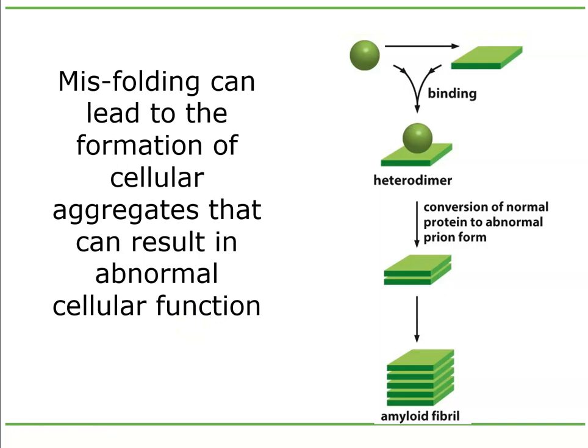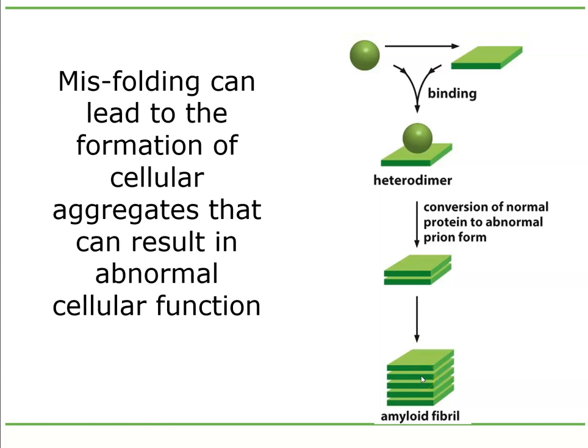There are certain types of proteins that can misfold, and that can cause cellular aggregates that cause abnormal cellular function. Prions, for example: maybe you have your normal folding type, and then it gets flattened or changes structure, and then that binds to another normal protein and causes conversion of normal proteins into abnormal fibrils or prions that stack up and cause issues within the cell.